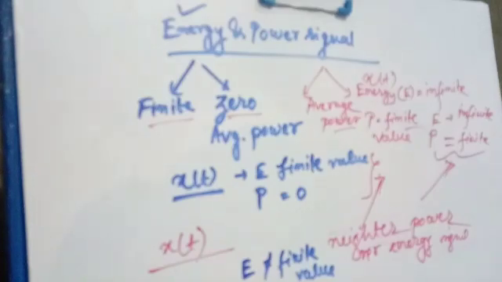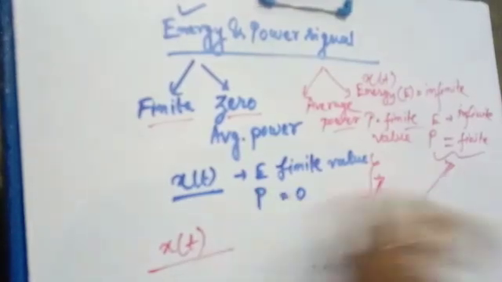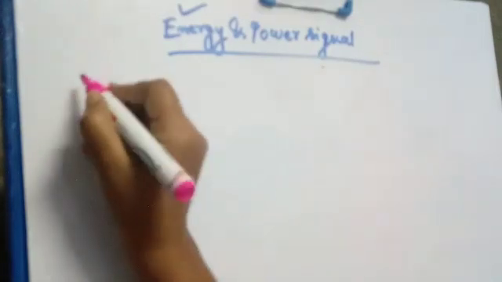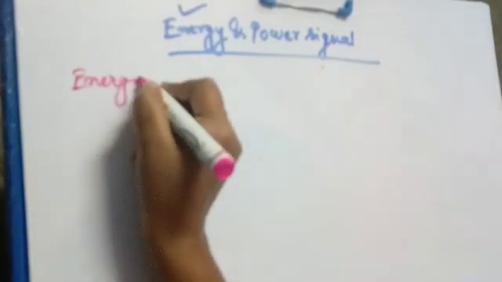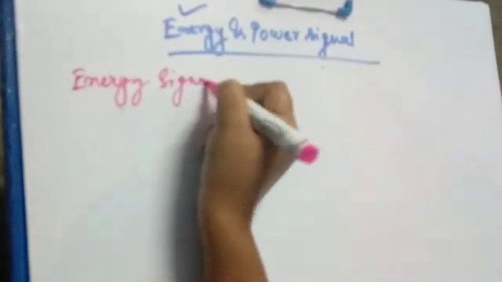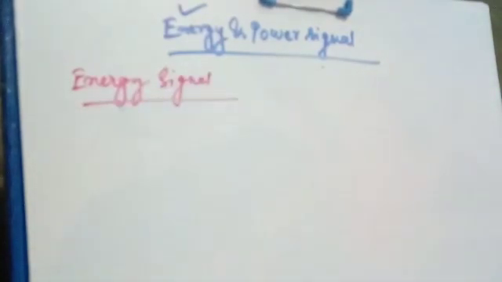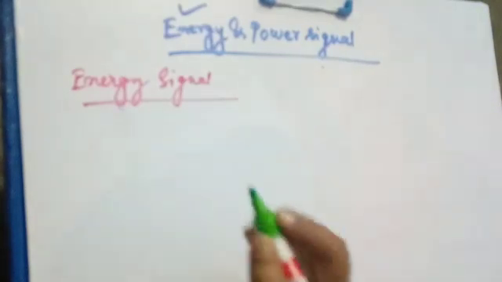Now we define an energy signal first, then a power signal. So first we define the energy signal. The energy of a signal is calculated by the formula which I am writing here.